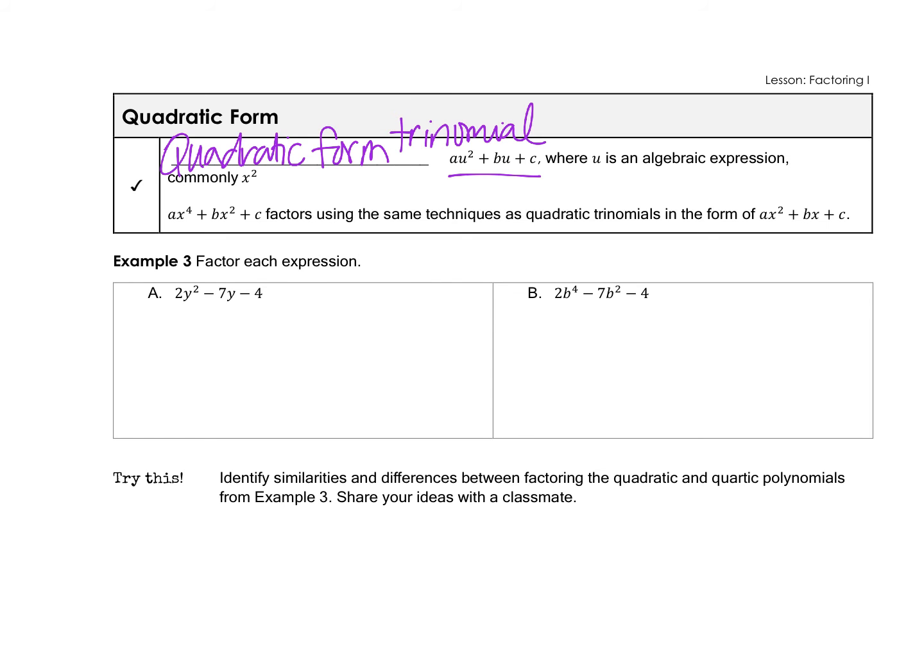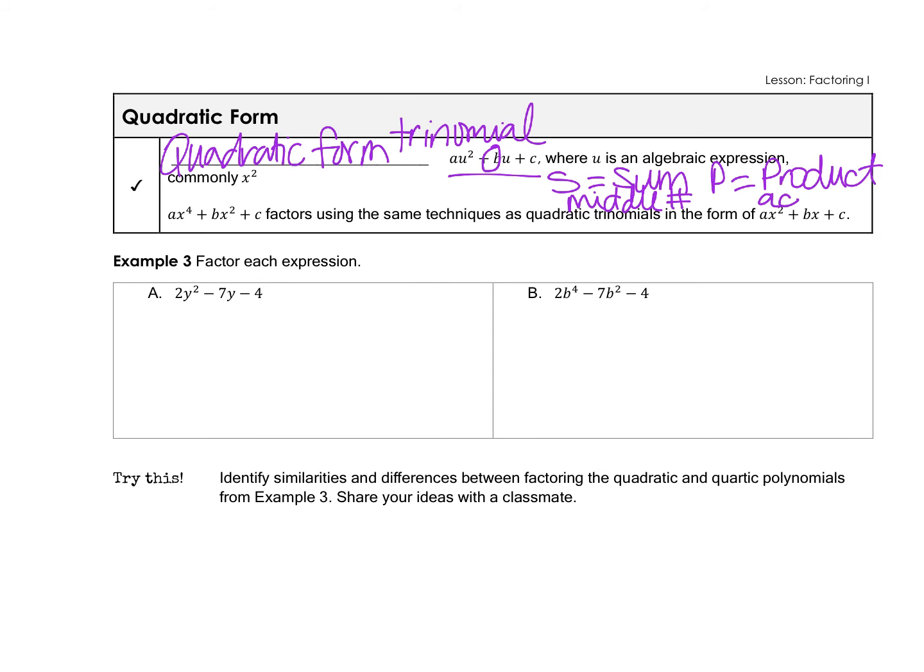Okay, so anytime I have a quadratic form trinomial, I want to use sum and product. S is going to represent the sum, and P is going to represent the product. So the sum is your middle number, B. And your product, you have to multiply the A and the C. So AC is going to be your product.